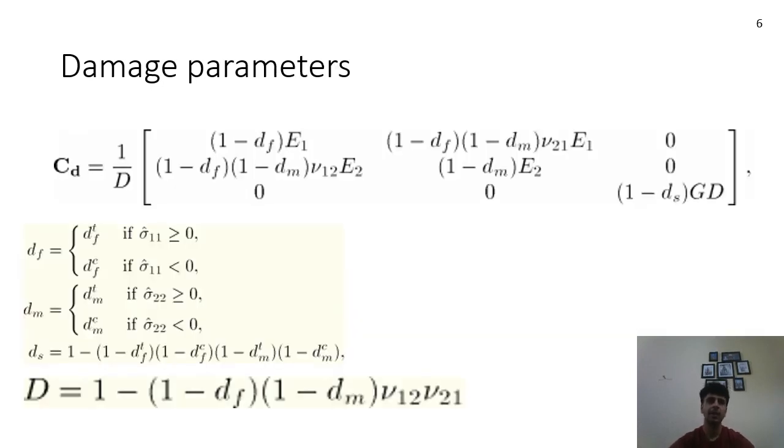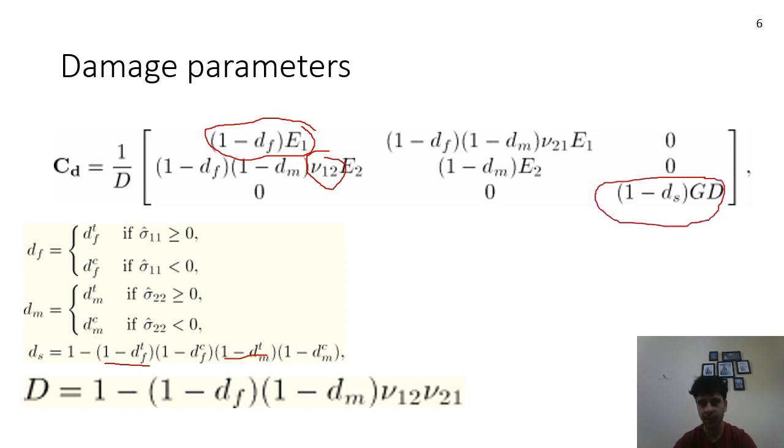For that, you have what are known as damage parameters. df is equal to dft if sigma 1 is greater than 0, and dm corresponds to the matrix failure. ds is a product of both fiber and matrix failure, and d is defined like this. So if I have fiber failure, it means that E1 will be reduced, nu12 will be reduced, and the shear modulus is reduced. And if I have matrix failure, nu, E2 and G are reduced.